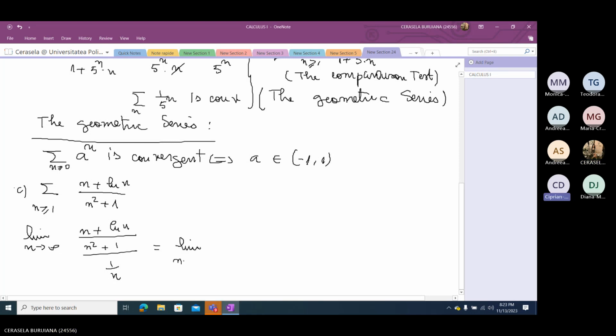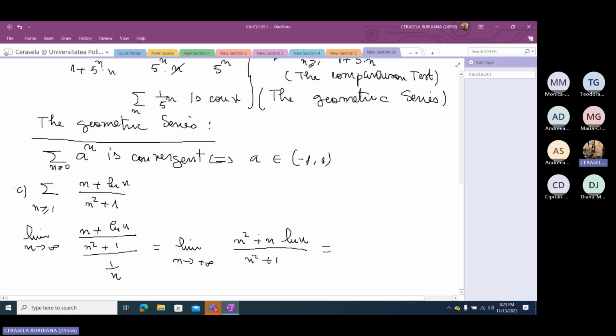I was going to say that you compare to n over n squared plus 1, and then you compare back with 1 over n, since they both have the same power order. Exactly. That's the idea.